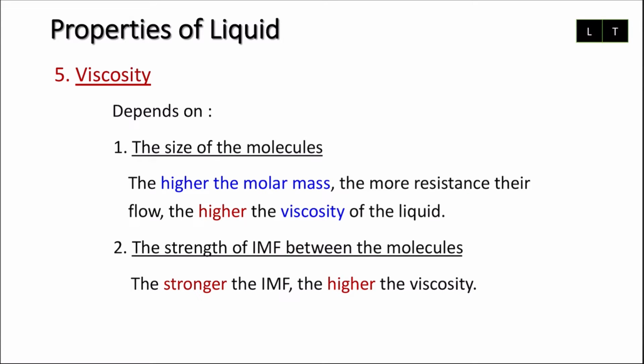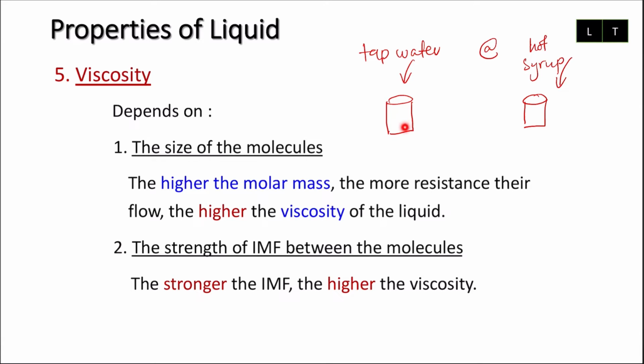Dari segi contoh analogi yang mudah untuk awak faham tentang viscosity, contoh saya ada tap water, and another one more saya ada hot syrup. Sekiranya kedua-dua ini saya nak letak dalam satu container, okay, each container ada tap water dan hot syrup. Apabila saya ingin tuang tap water into the container, the flow is very quick because the viscosity of liquid is lower compared to hot syrup.